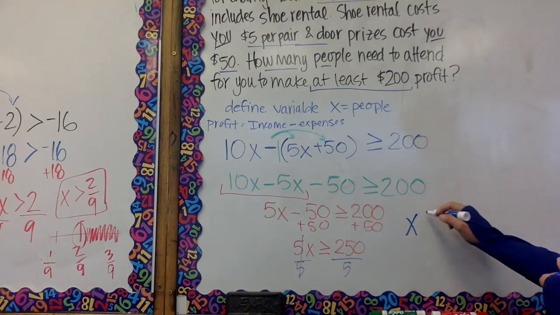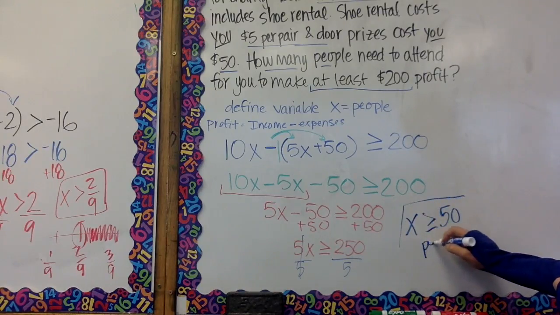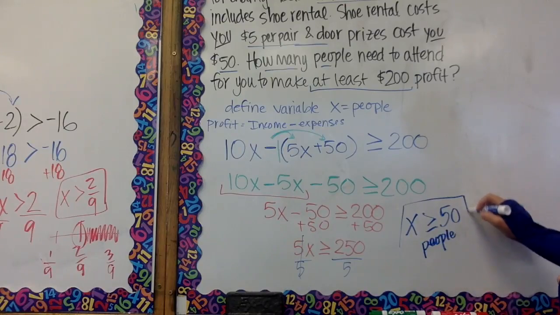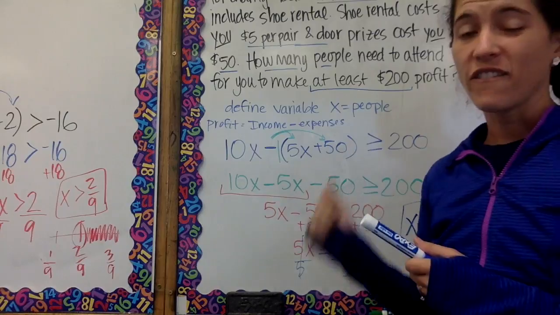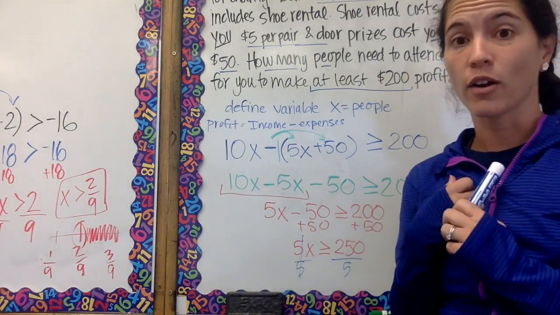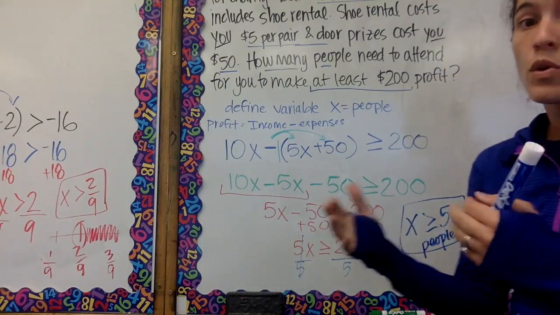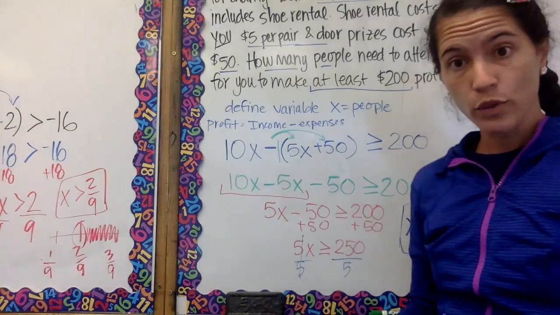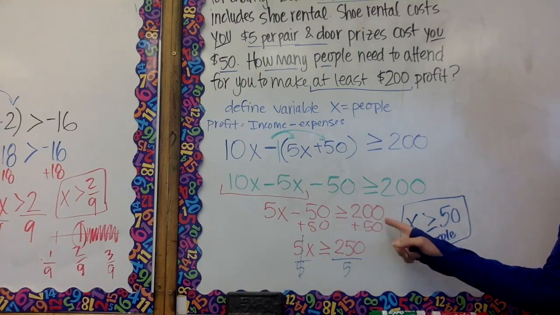So x is greater than or equal to 50. That means we need at least 50 people. 50 people need to come to our bowling event in order for us to make $200. If more than 50 people come, then we will make more than $200. If less than 50 people come, then we will make less than $200.